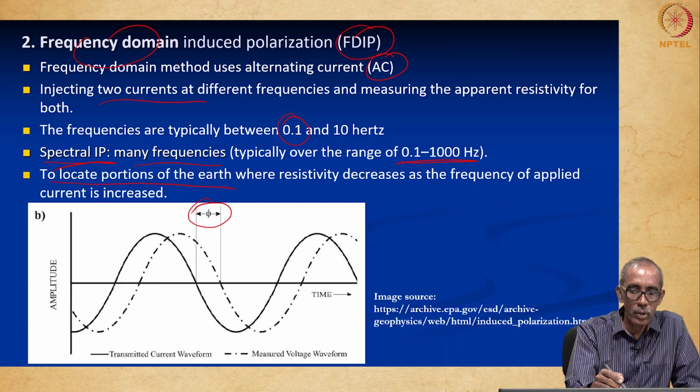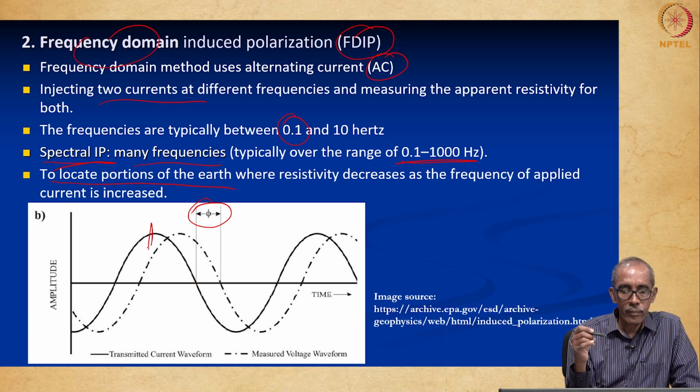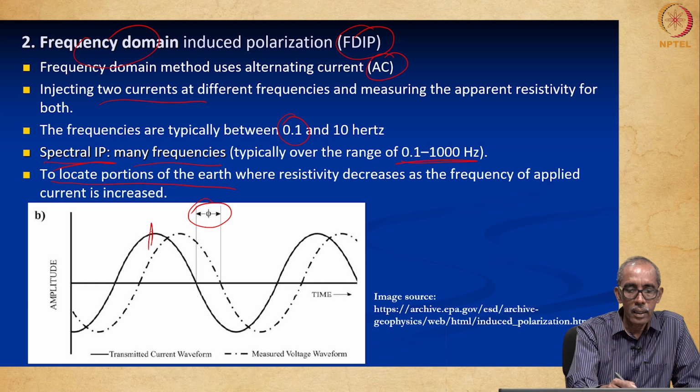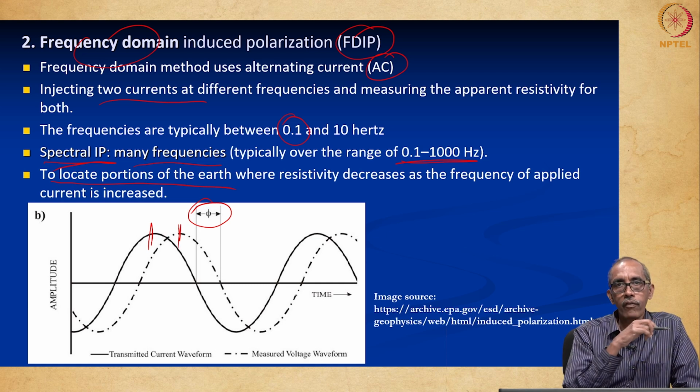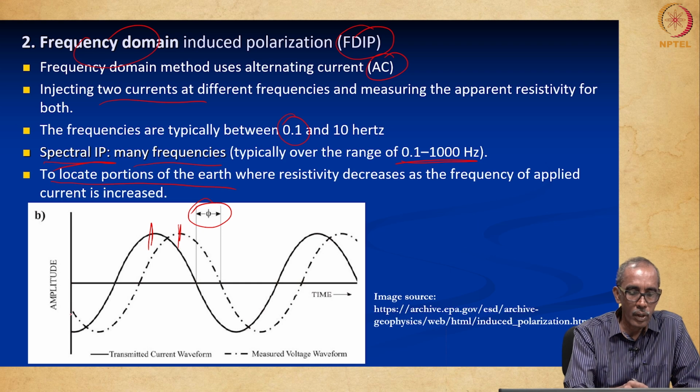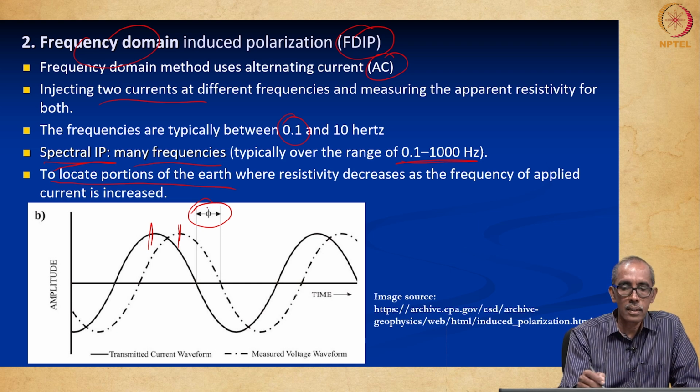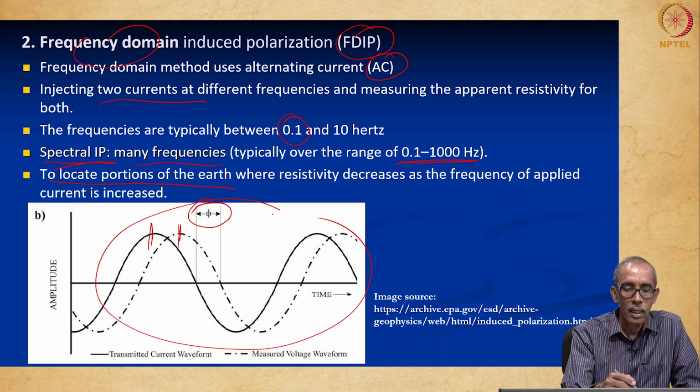What we are going to do is look at the phase difference between the first applied current and the measured voltage. Because we are applying current in different frequencies, we are able to have this result. As we see in this diagram, this is the applied current and the measured potential.